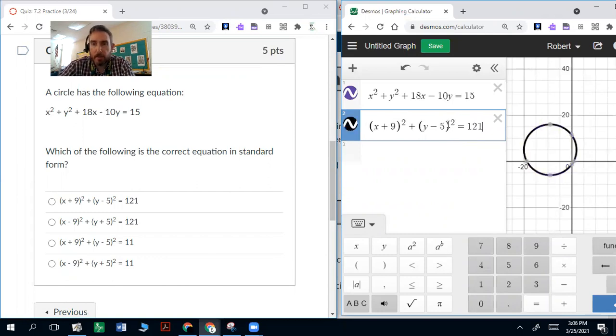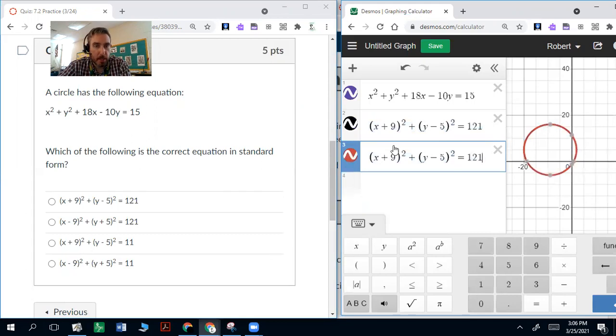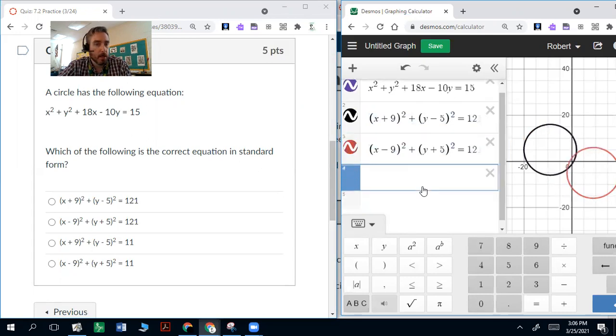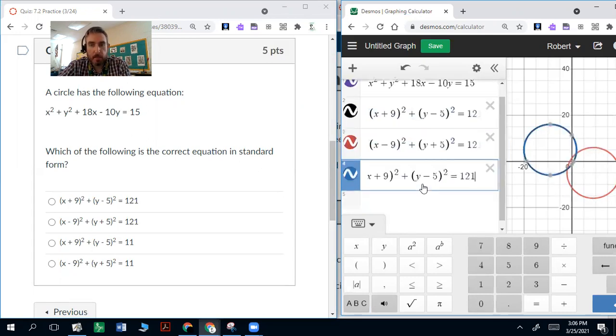And these are all very similar. So I got lucky. It looks like the first one is my answer choice, but I'll show you how to copy it. If you highlight that, Control C and V, if you just want to change that to minus and plus. So you can see, well, this is right 9 and down 5, so that's not going to work. Let's see, do the same thing, but 11.